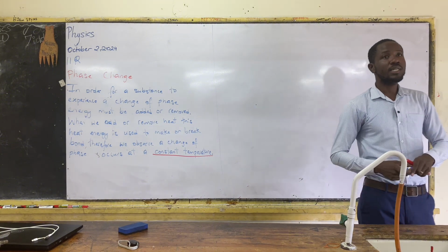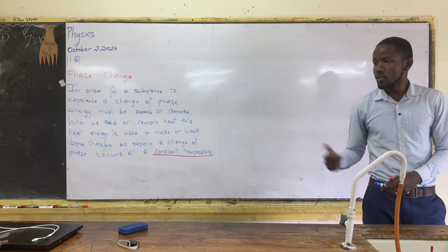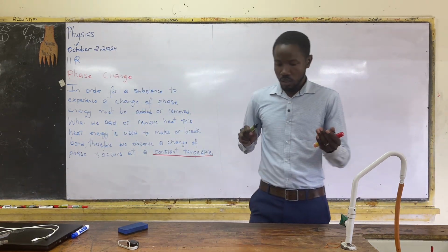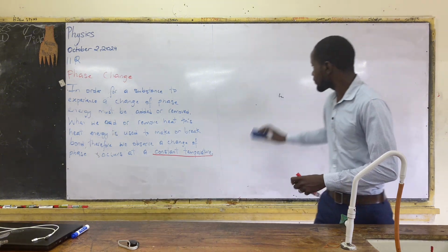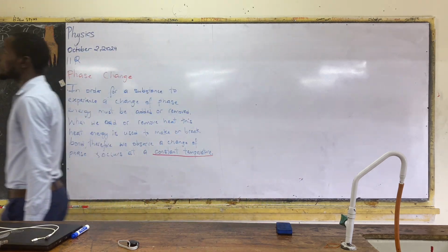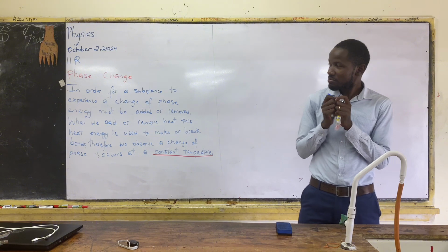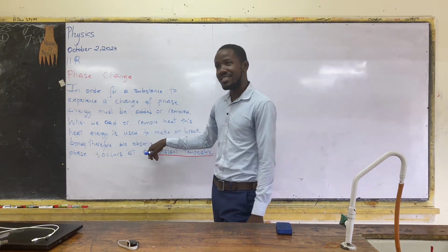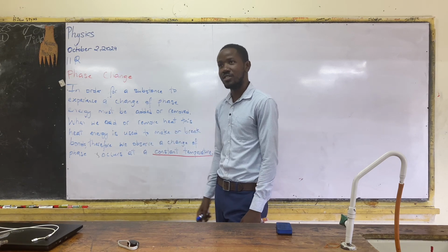And again, we said that we need heat energy in order to facilitate that change of state. And we're going to see if we can talk about that specific heat energy. So we observe that a change of phase occurs at a constant temperature.